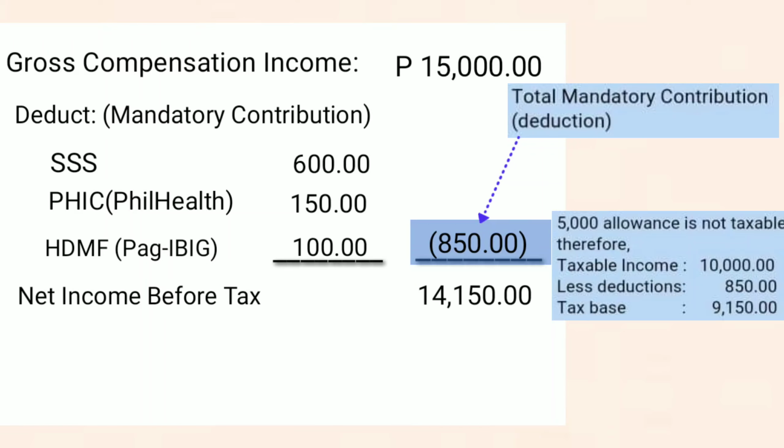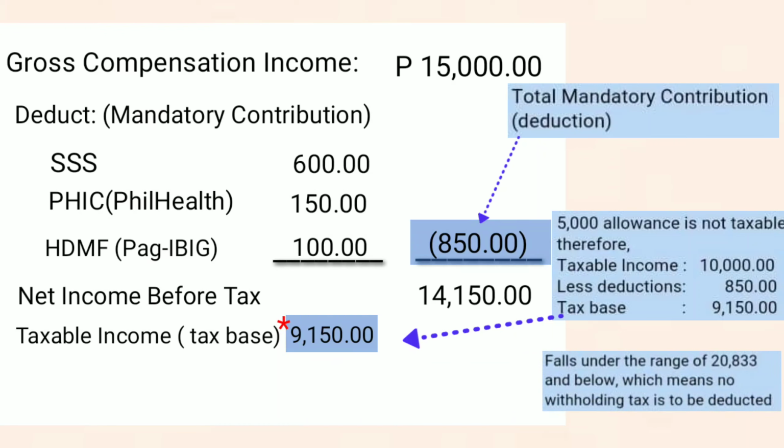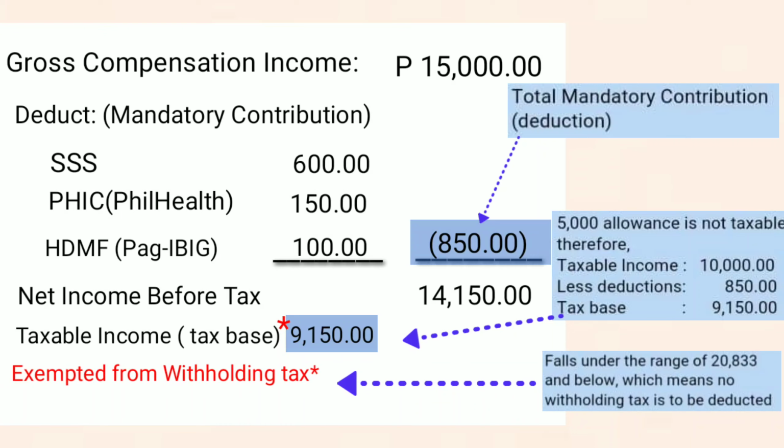The monthly basic pay is then reduced by the mandatory contributions of 850 pesos to arrive at the taxable compensation income of 9,150 pesos. Based on the monthly withholding tax table, the taxable income falls under the range of 20,833 and below. This means that no tax is withheld and deducted from the income of employee X.